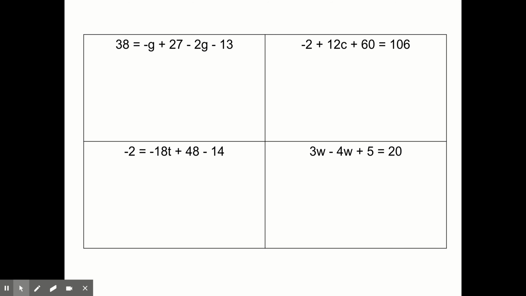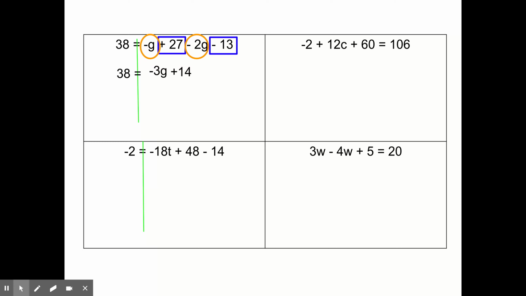If I circle all my like terms, all my variables that are the same, I have a negative g and a negative 2g. Another Achilles heel. We have negative 1g plus negative 2g, which gives us negative 3g. If we combine our constants, we get 14. 27 minus 13 is 14.